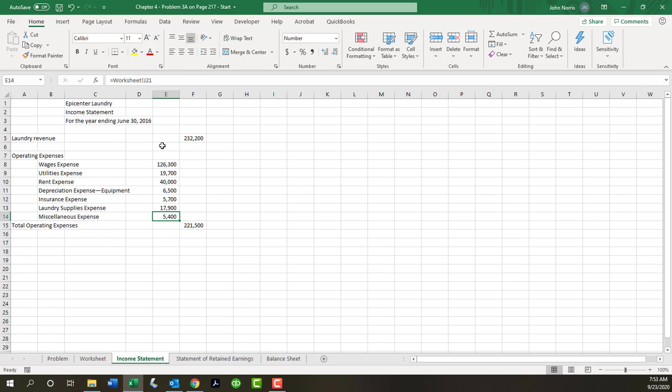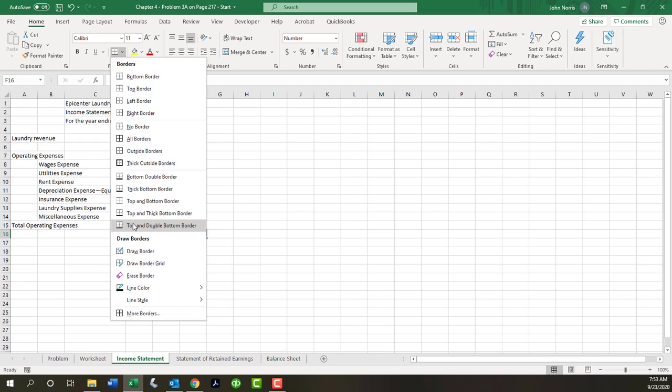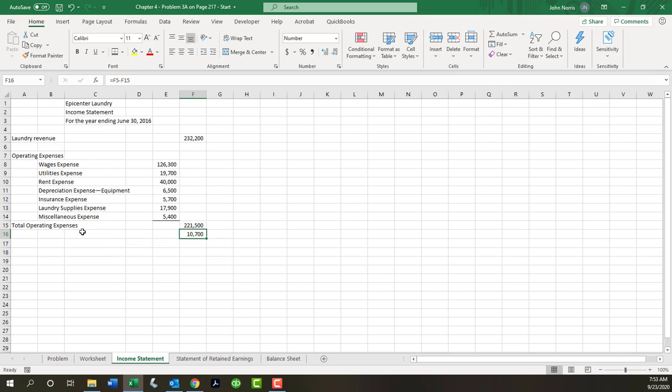Put a line underneath that. And subtracting the 2 gives us our net income. And that's the income statement.